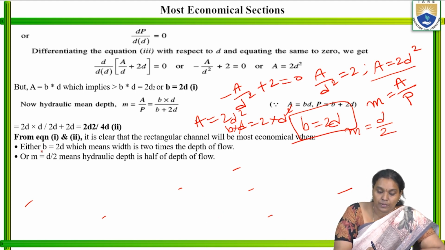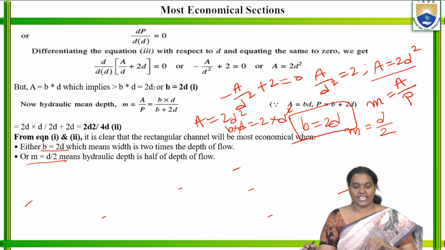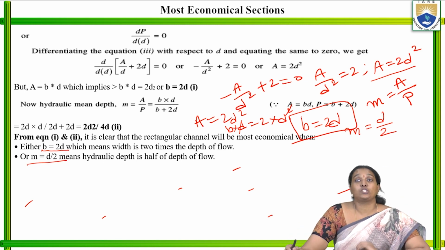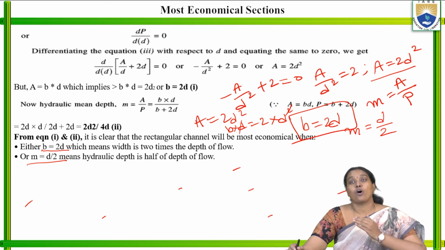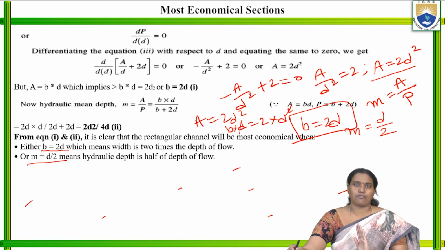Finally, for the most economical rectangular channel section, the conditions are b is equal to 2d and m is equal to d by 2. It means the width is 2 times the depth of the flow and the hydraulic mean depth is half of the depth of the flow.